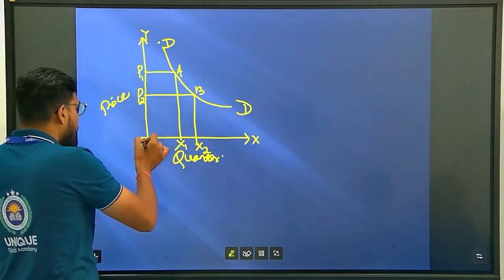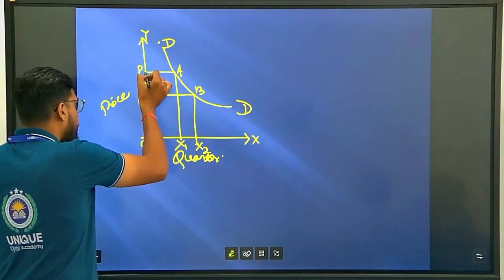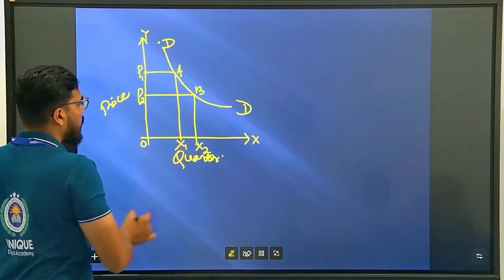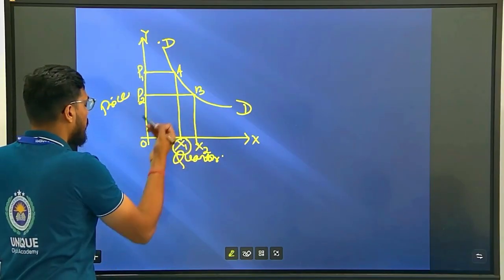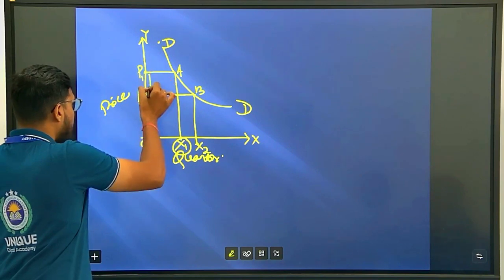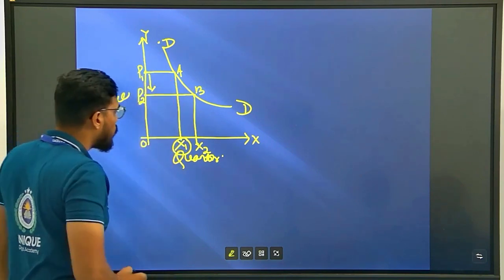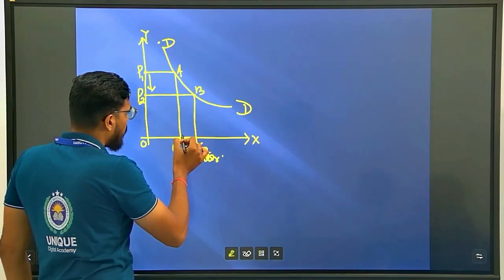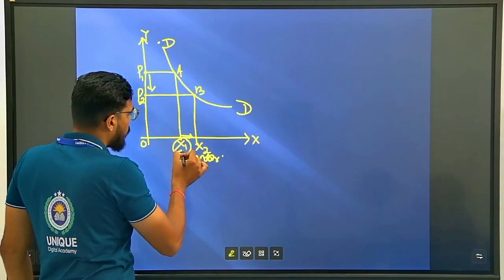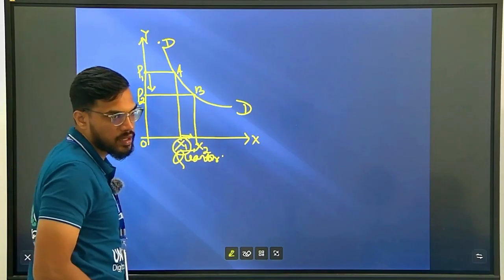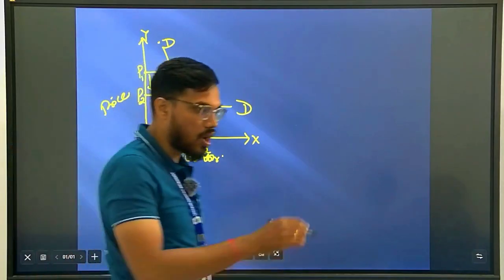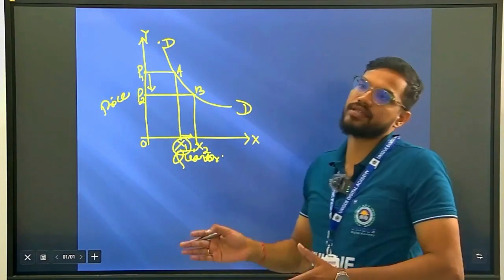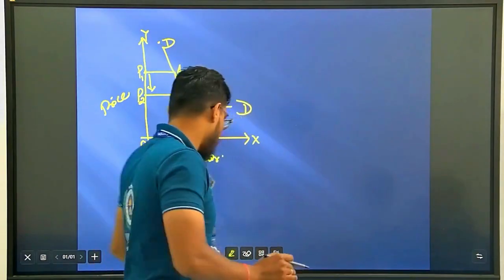So, when price of the product is OP1, your quantity demanded is OX1, and when price declines from OP1 to OP2, your quantity demanded for that product increases from OX1 to OX2. This is your law of demand. So, same thing in case of market demand.